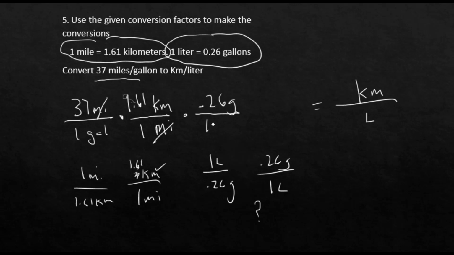So the liters go on bottom. Gallons will cancel, and I'm left with kilometers per liter. And now all I have to do is multiply these 3 numbers on my calculator, because you multiply fractions straight across. And the bottom number is going to be 1. It's not going to disappear. 1 times 1 times 1 is 1.